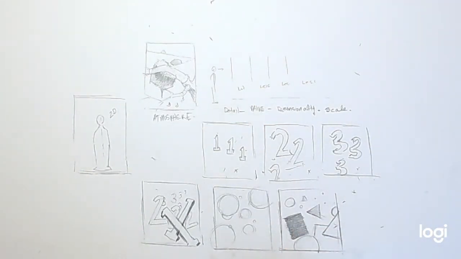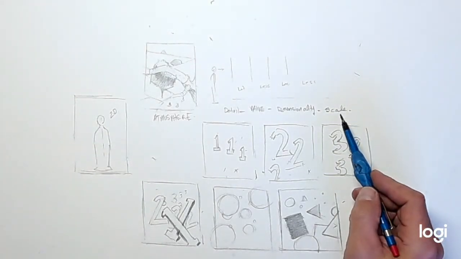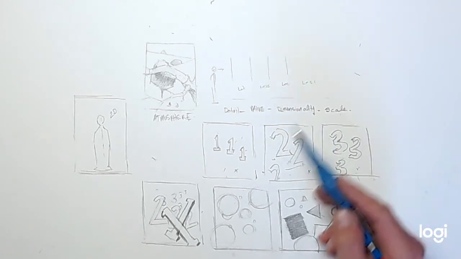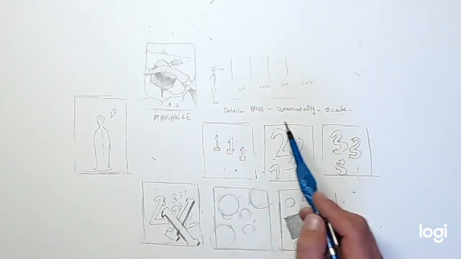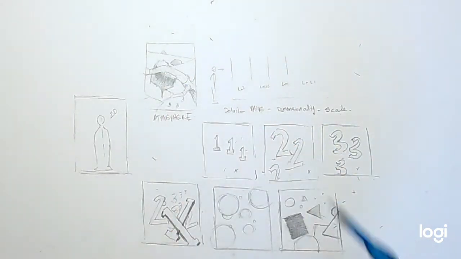Okay? So I'm just doing small things, these basic four tricks. We basically have scale, dimensionality, value, and contrast becoming less as the thing goes into space.